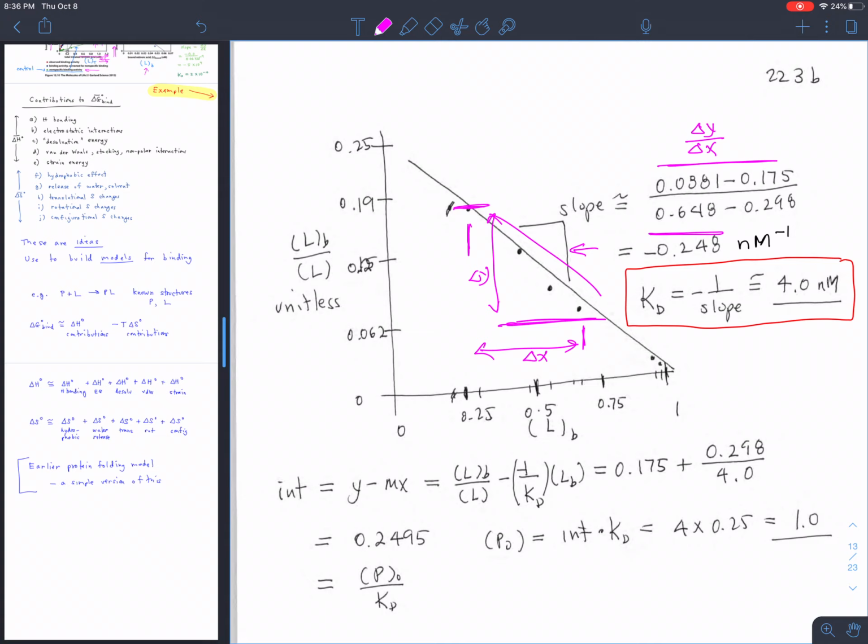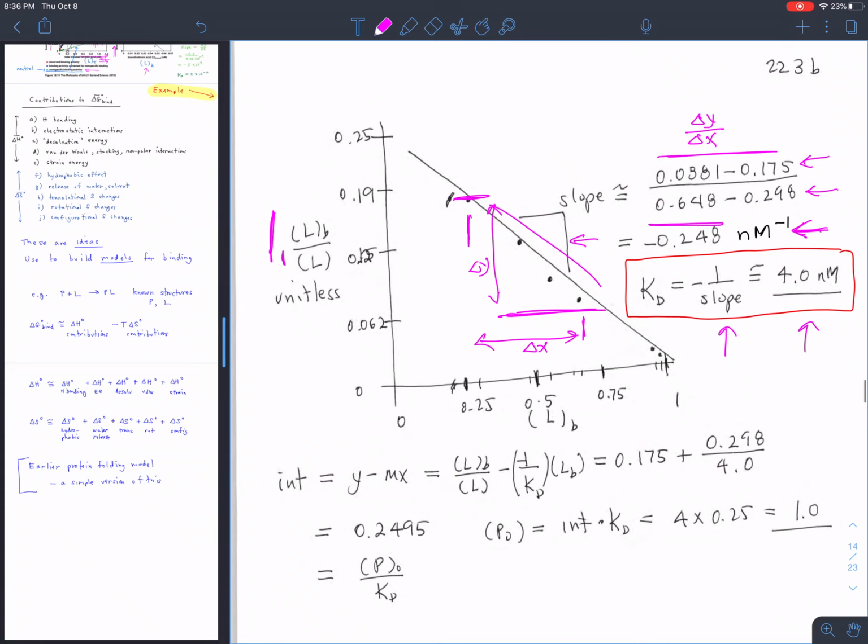Minus 0.248 units of nanomolar to the minus 1. Notice that on the y-axis here we have a unitless number. So this numerator here is unitless. The denominator has units of nanomolar. And so we're going to get units of nanomolar to the minus 1 for our slope. And 1 over that, or minus 1 over that, is the KD value, which turns out to be 4.0 nanomolar.